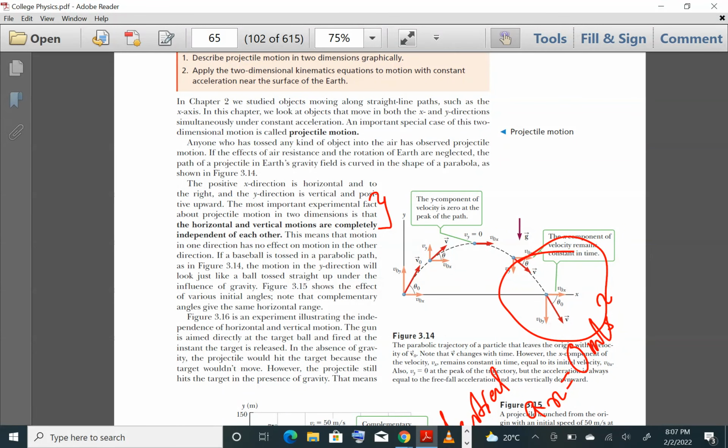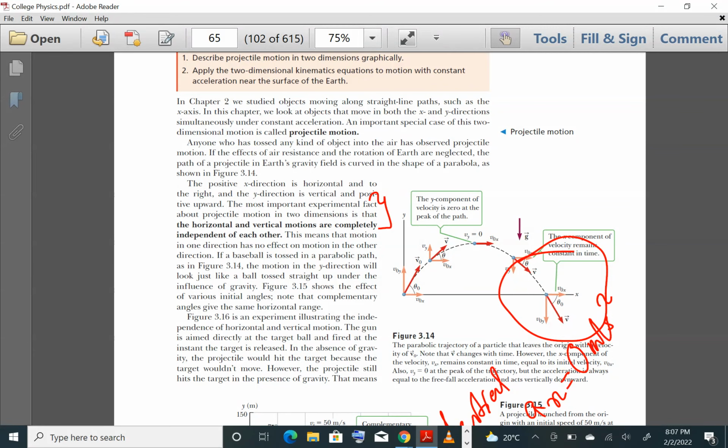It tells us that our horizontal velocity is going to be constant. That's true for projectiles: the horizontal velocity with which the object starts is the one that it will end with.